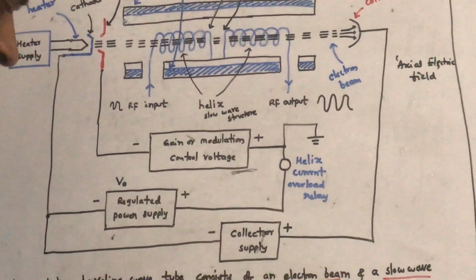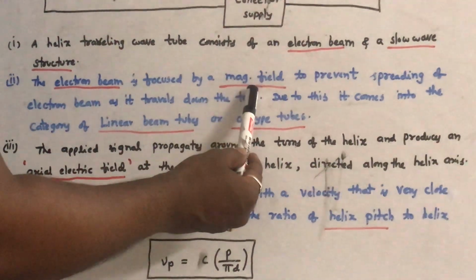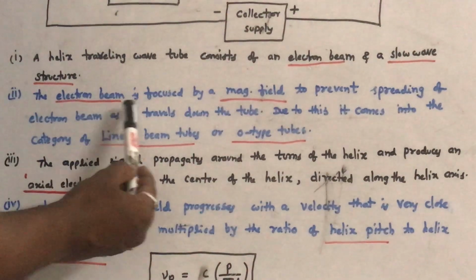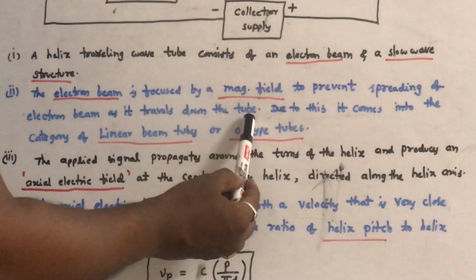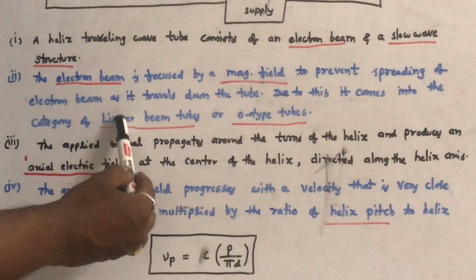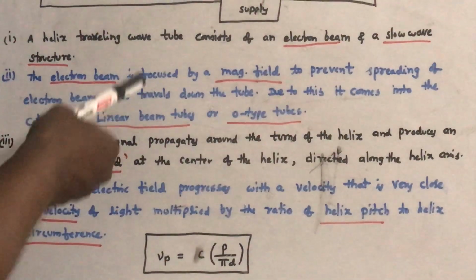Now, the electron beam is focused by a magnetic field. Why is this done? To prevent the spreading of the electron beam as it travels down the tube. Due to this, it comes into the category of linear beam tubes or O-type tubes. You can see two magnets placed like this.